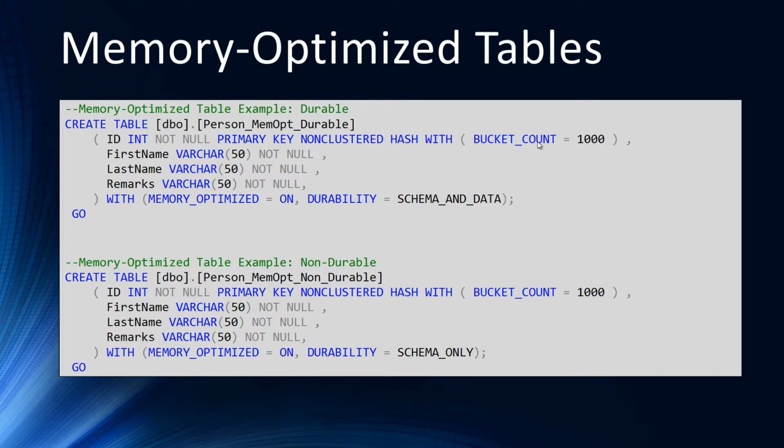So the recommendation is to use 1.5 or 2 times the number of records in the table. And with these two special keywords, MEMORY_OPTIMIZED set to ON and the DURABILITY setting, in this case we specify SCHEMA_AND_DATA, we can create a durable memory optimized table. Similarly, with only changing the durability to SCHEMA_ONLY, we create a non-durable memory optimized table.